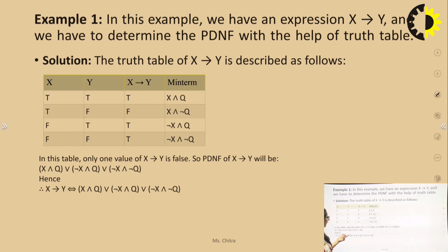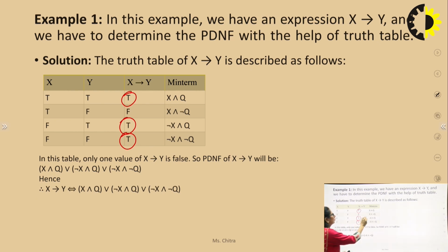So, if we need to write their expression, how will we write it? Corresponding to y, it is q here. You can replace it with y also. There is no difference, right? So, if we need to write the PDNF form, we have true values here, here, and here.